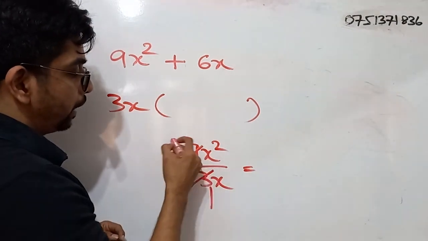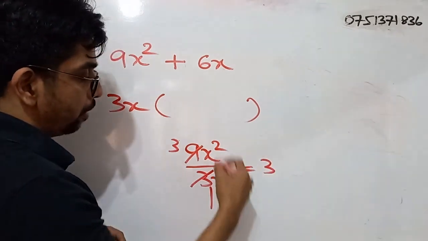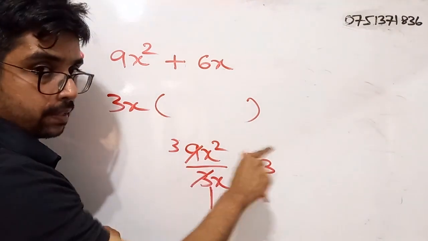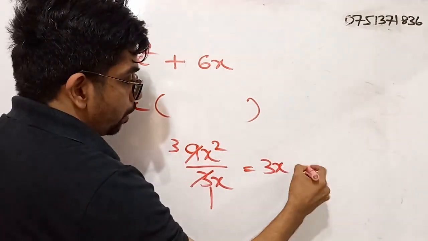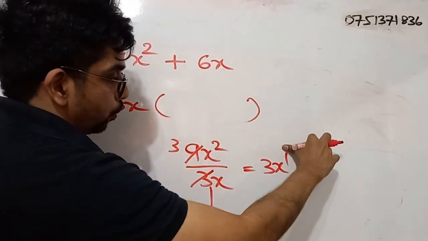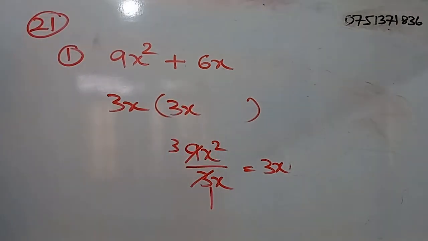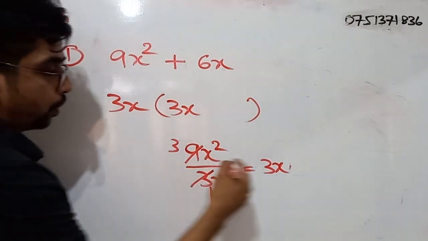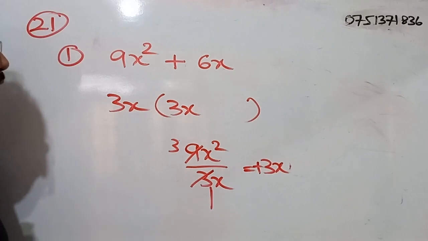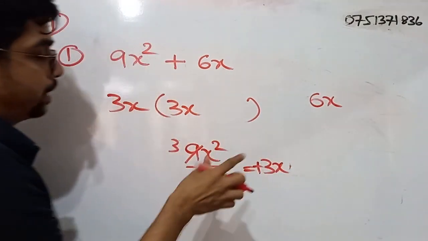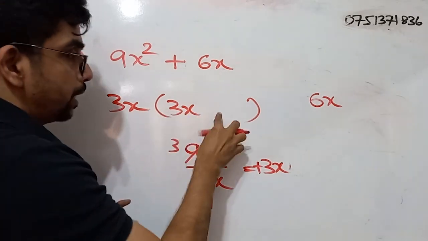3 times 1, 3 times 3. And if we take the algebraic terms, what is the simplification? x to the power 1, or 3x. So that is one term which goes inside the brackets. And this is positive, so the outcome is also positive. Then what's the other term that goes inside the bracket?